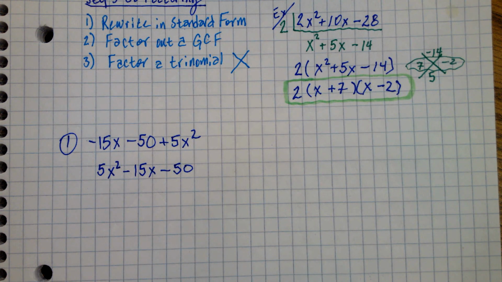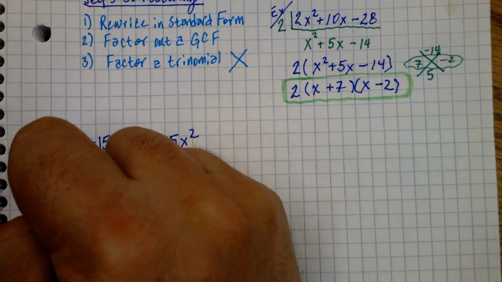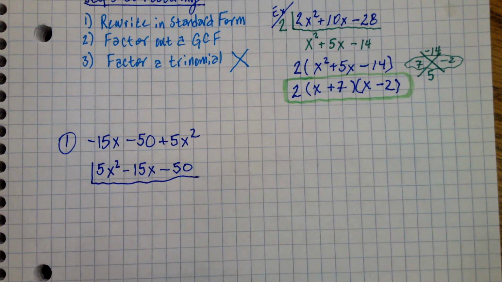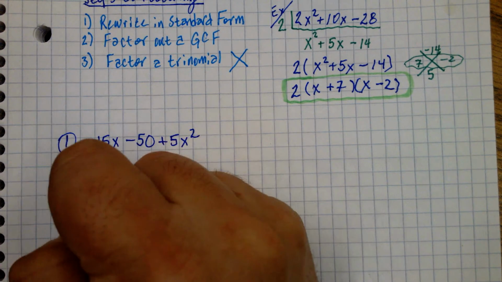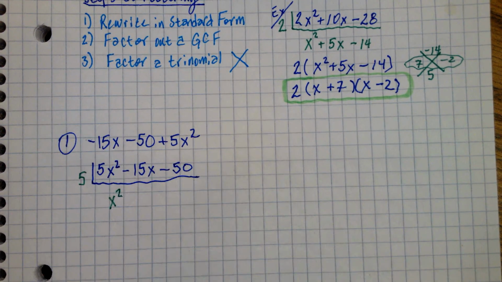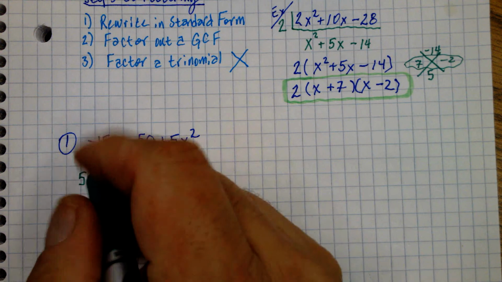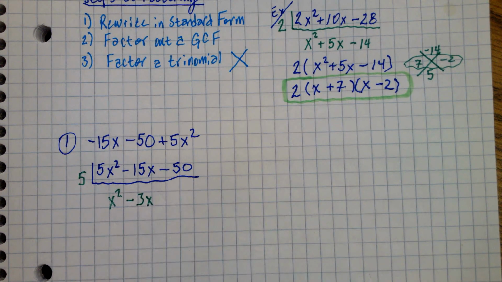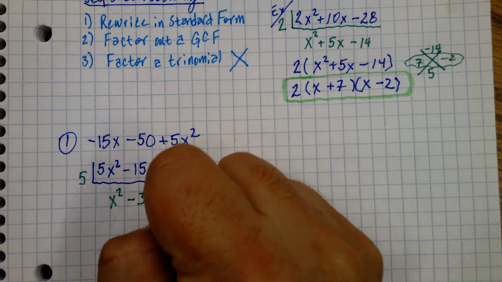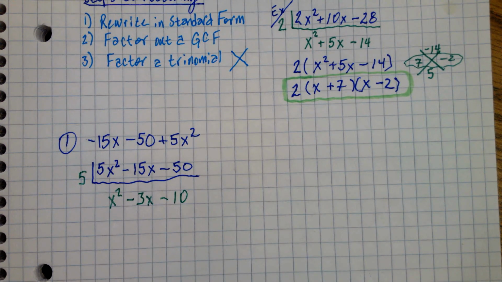Can we take out a GCF? 5. 5 comes out. So let's pop out the 5. And so 5 divides out. So this is x squared. 5 into negative 15 is negative 3x. 5 into negative 50 is negative 10. Okay, did I do that correctly?